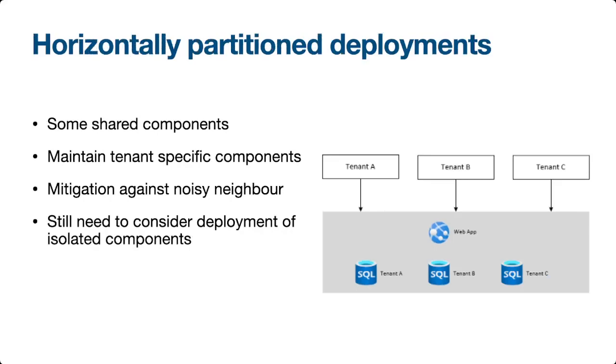So next is looking at horizontally partitioned deployment. We've just looked at vertically partitioned. This means that you have some shared components while maintaining other components with single tenant deployments. For example, you could build a single application tier and then deploy individual databases for each tenant. The benefits of this are that a horizontally partitioned deployment can help you mitigate noisy neighbor problems.